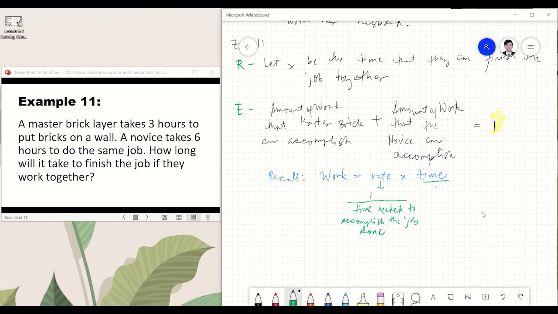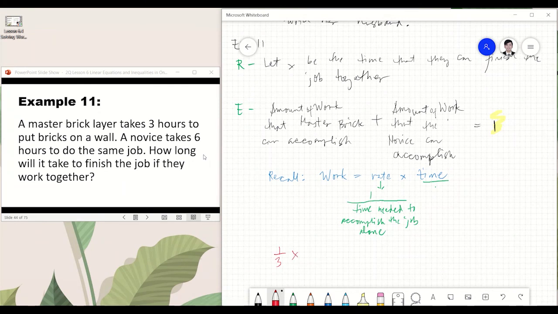So, let's make the equation already. So, let's start with the master brick. So, work is equal to rate times time. So, yung rate ng master brick, kailangan siya ng 3 hours to do it alone. So, yung rate niya is 1/3. Times the time. Ito na yung time na matatapos nilang dalawa yung task. And that would just be x.